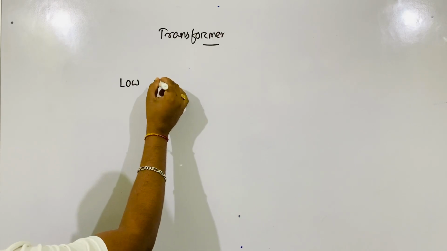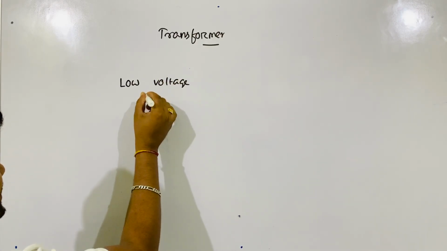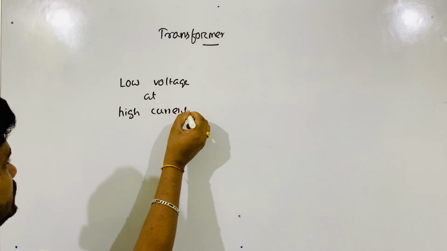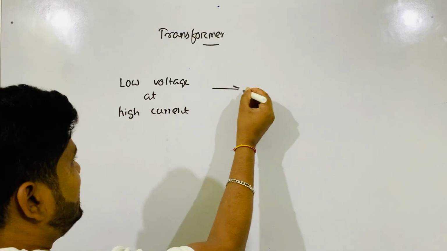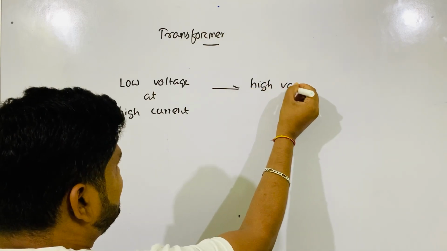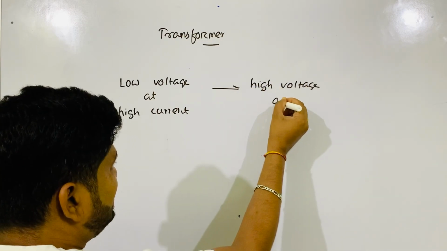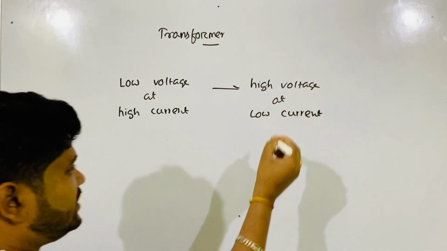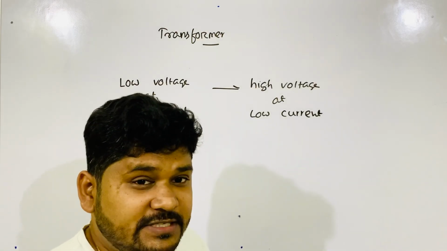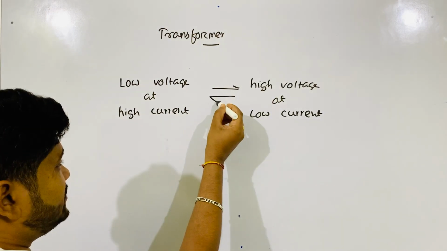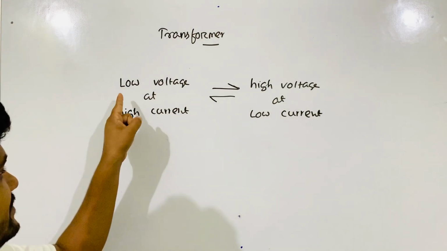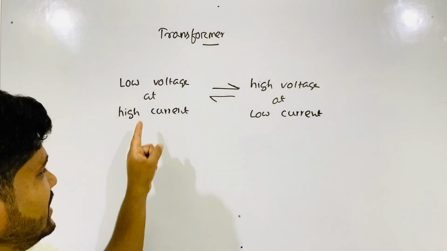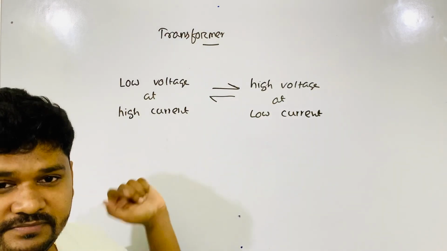Carefully now listen. Low voltage, I told, at high current, to convert to high voltage at low current, and I told you vice versa, means this one also it can do. It can convert low voltage to high voltage as well as high voltage to low voltage. Accordingly, the current will convert.